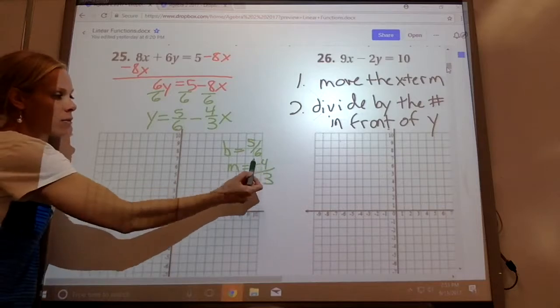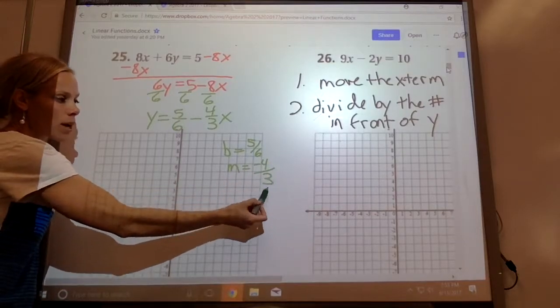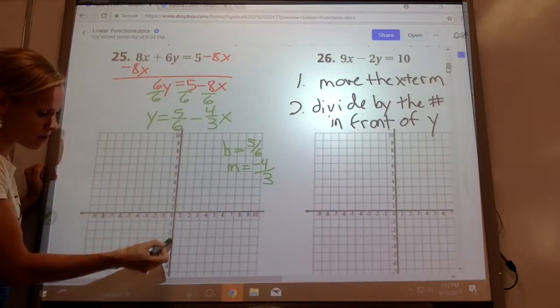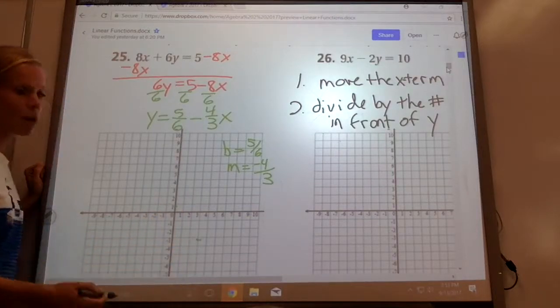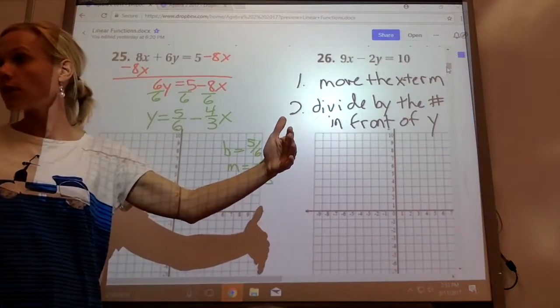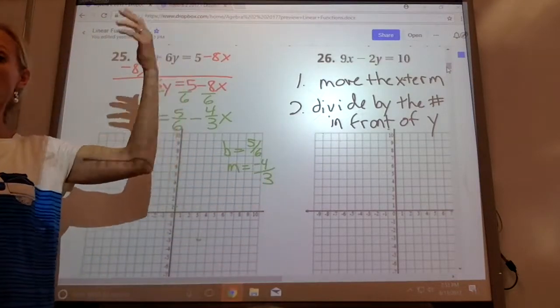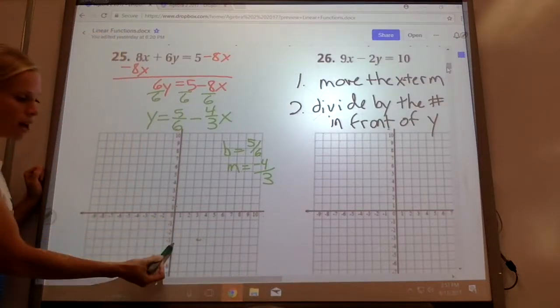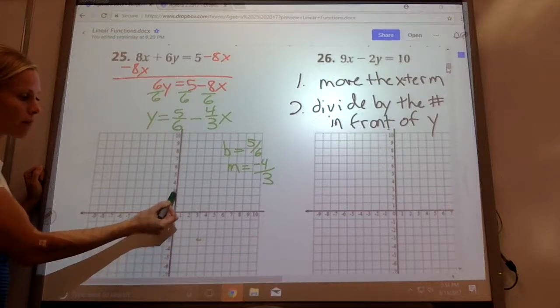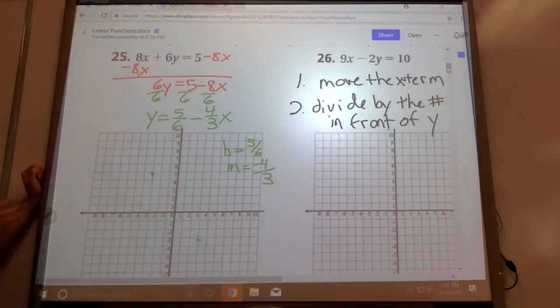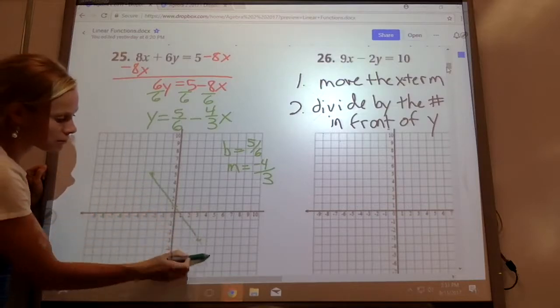And this means down 4, because it's negative, right 3, because it's positive. So down 4, right 3. And remember, if you go down and to the right, you can reverse it and go up and to the left. Remember that? You can always reverse a slope. So instead of down 4, right 3, I can go up 4, left 3, and get another point that way. And then I have my line.